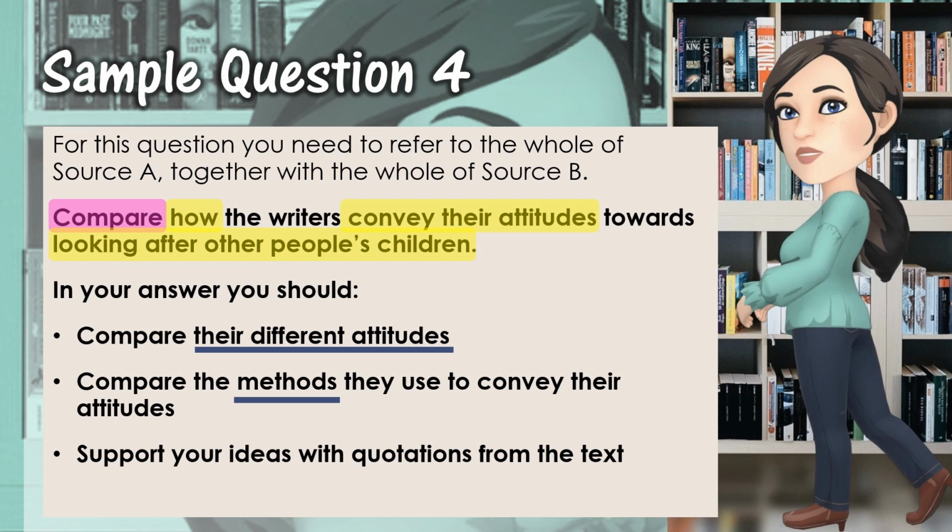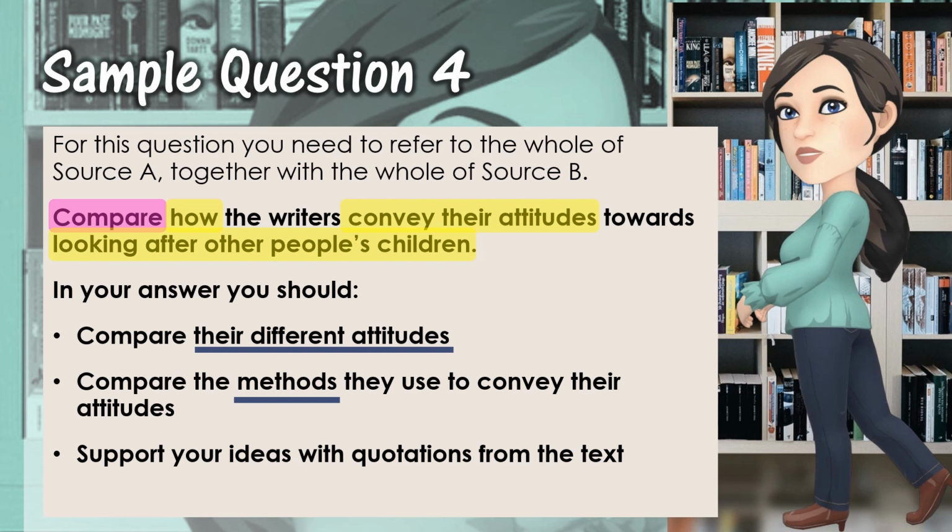Don't forget that bottom bullet point as well. With every question, bar question 1, we need to support our ideas with quotations from the text. So find evidence highlighted. For example, if the writers used a metaphor to describe what they think and feel about looking after other people's children, then we would pick out that metaphor, write it as a quotation, say it's a metaphor, and then say what attitude this presents for looking after other people's children.